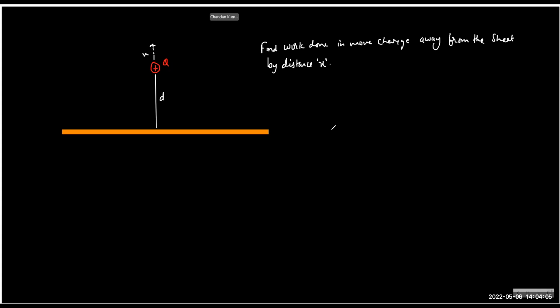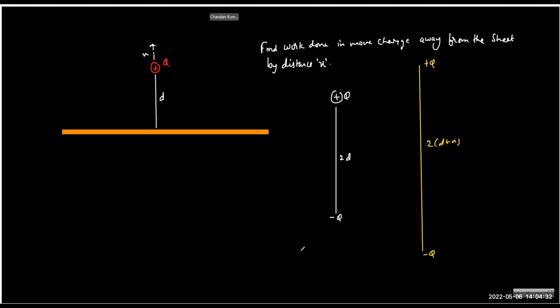So you have to think this way. Initially we have to think of a charge q here and charge minus q here at a distance 2d. But once you move it, it will be like this. And now this will be twice of d plus x.